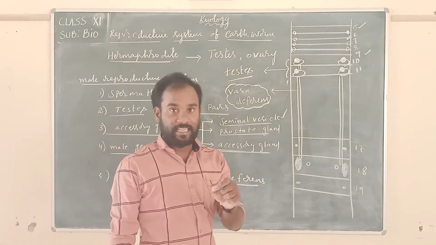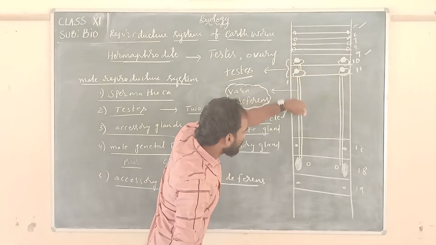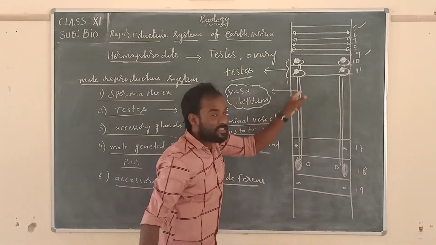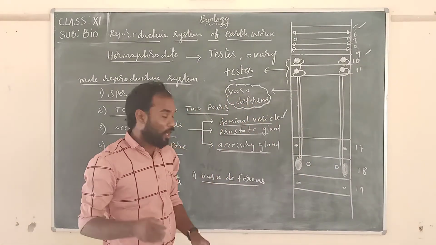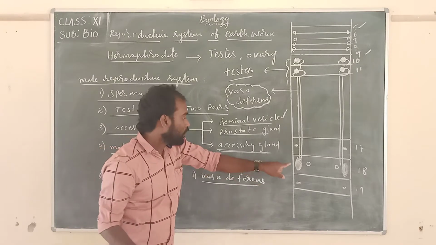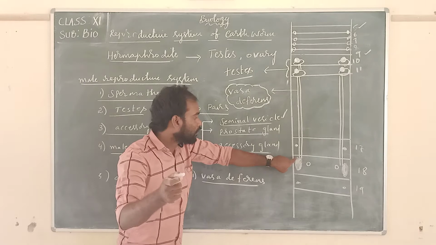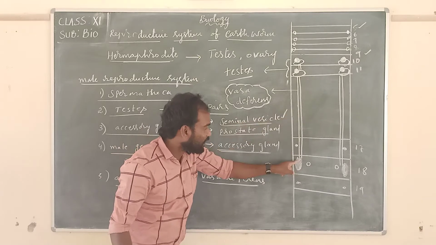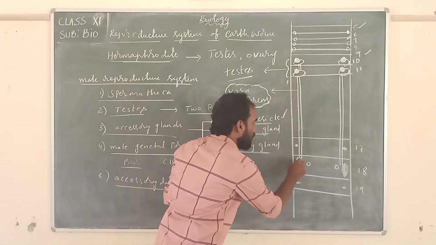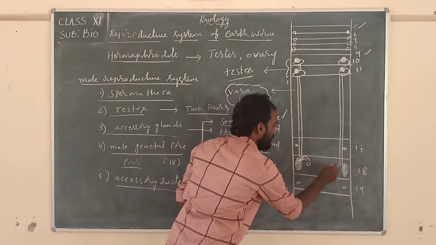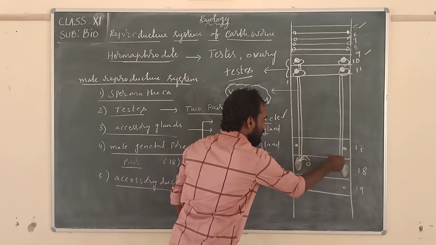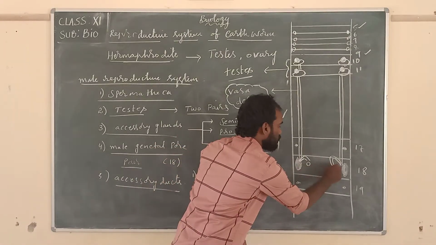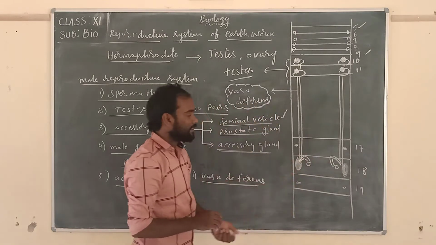Another accessory duct is, now this vasa deferens is connected to the prostate gland. A common duct arises from vasa deferens and from prostate gland, and this common duct is connected to the male genital pore.